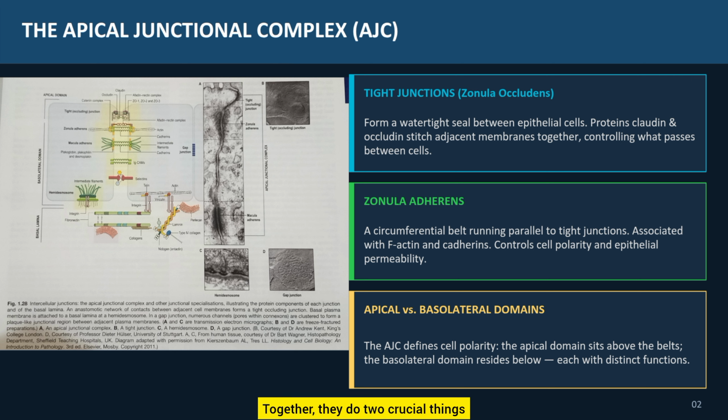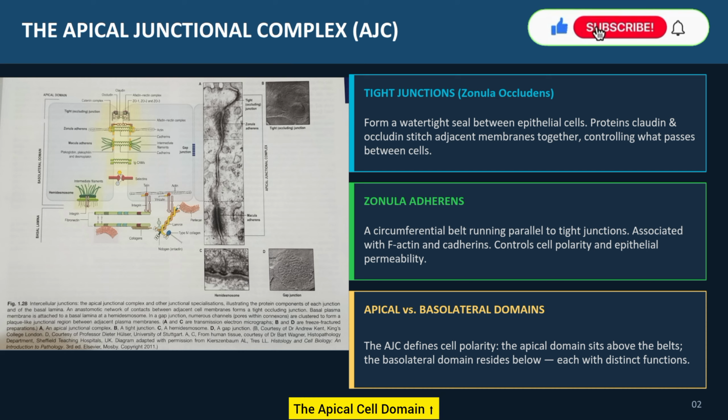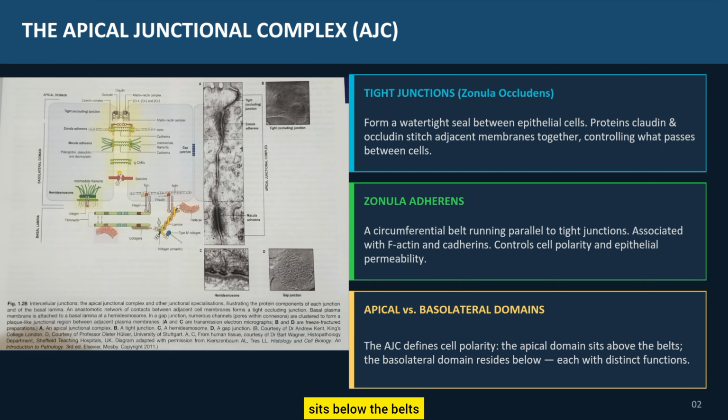Together, they do 2 crucial things. Number 1, they control epithelial permeability, deciding what can pass between cells. Number 2, they determine epithelial cell polarity. And this is a key concept. The apical cell domain, the top of the cell, sits above these belts. The basolateral cell domain, the sides and bottom, sits below the belts.